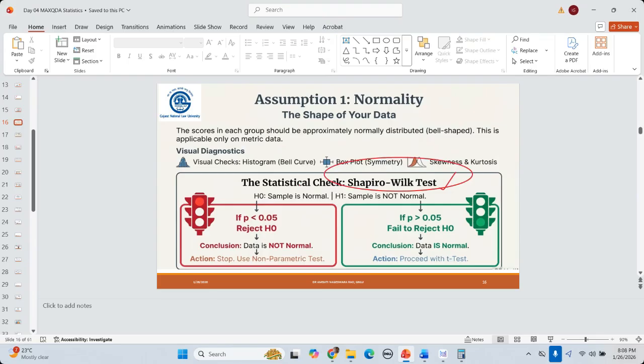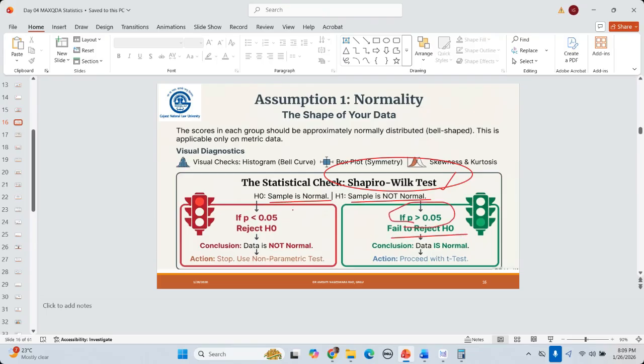Now, if you want to use the Shapiro-Wilk test, again, I have to have my hypothesis. My null hypothesis says the sample is normal. My alternative hypothesis says the sample is not normal. After conducting the normality test with the Shapiro-Wilk test, if my p-value is greater than 0.05, I fail to reject the null hypothesis.